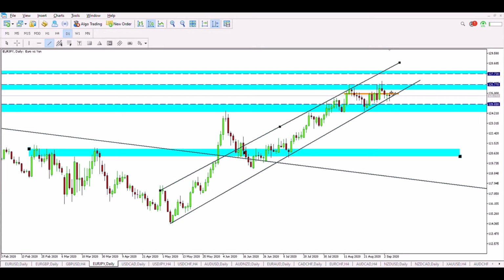So here we can see a bullish continuation on this pair to the upper resistances of the channel, or we can retest this support zone and then go down, or again from this zone up to this current resistance.